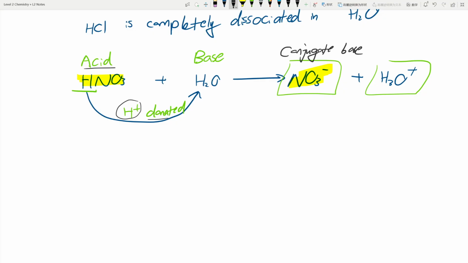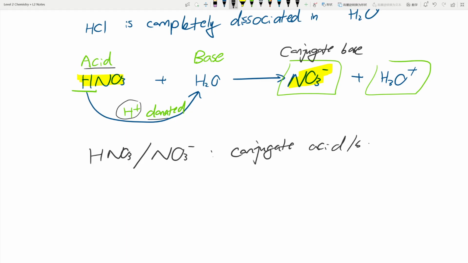Okay, so you have HNO3 and NO3 minus, which is what we call the conjugate acid and base pair. So they're a couple, and it doesn't really matter. The concept is somewhat important in year 12, but it's a lot more important in year 13, because you have to learn more calculations.